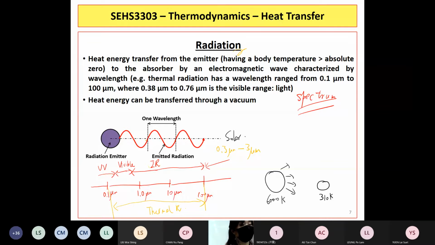That is, it absorbs this kind of radiation heat. But in turn, our Earth, the temperature is larger than absolute zero. It will also emit radiation. Now, Sun becomes an absorber. It will absorb the radiation from our Earth. That means each object will emit radiation.